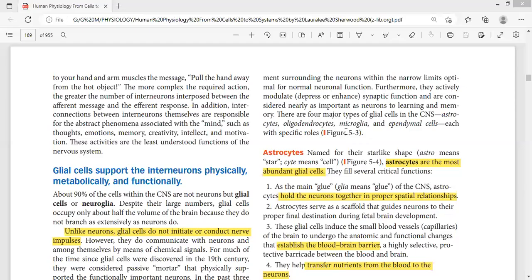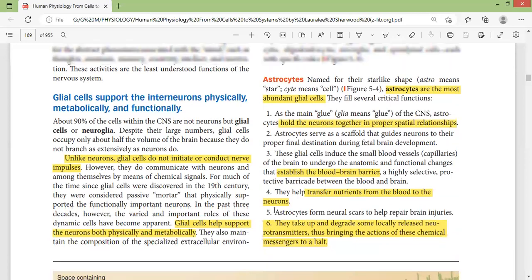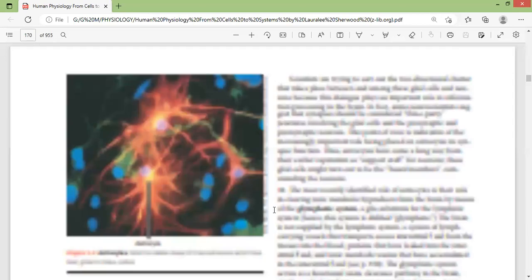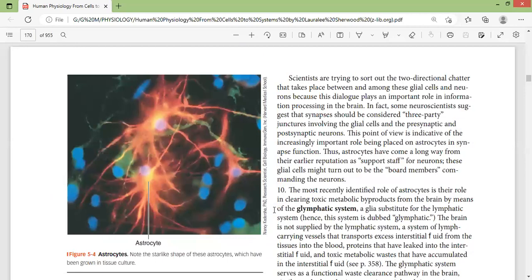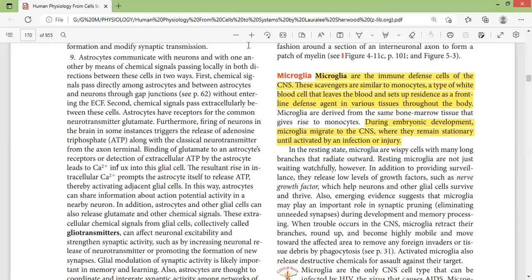Alimia's saying that this is the astrocytes. Then the oligodendrocytes, something like that. Yeah, the oligodendrocytes. Pericytes. Pardon? Pericytes. I'm not hearing well.